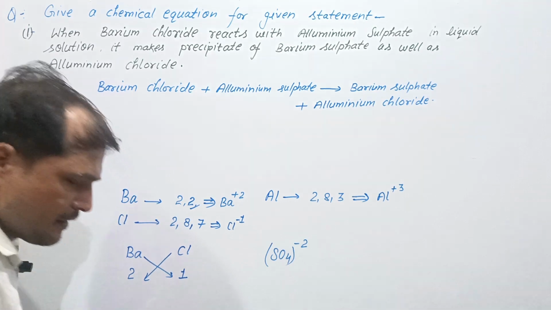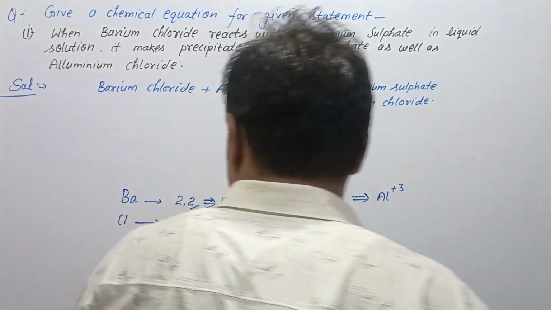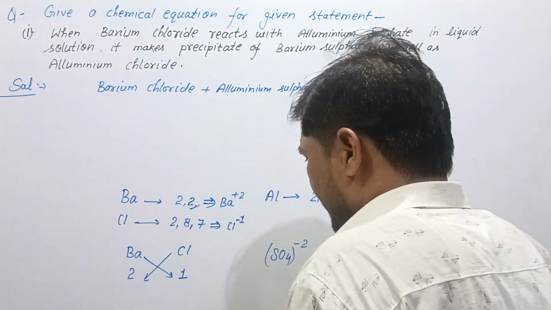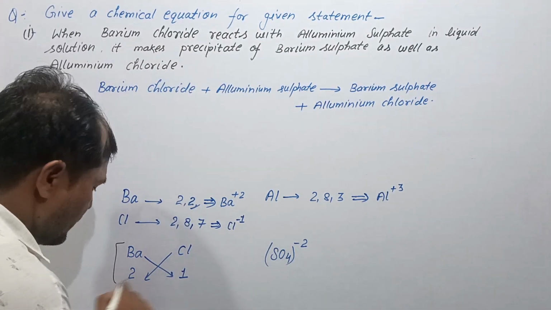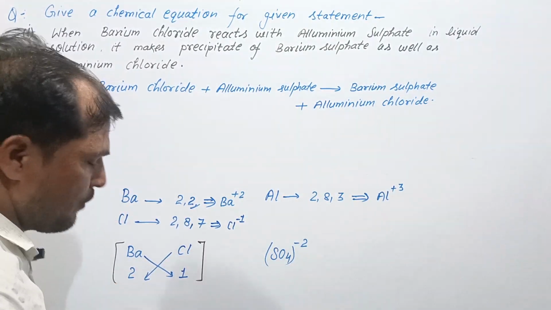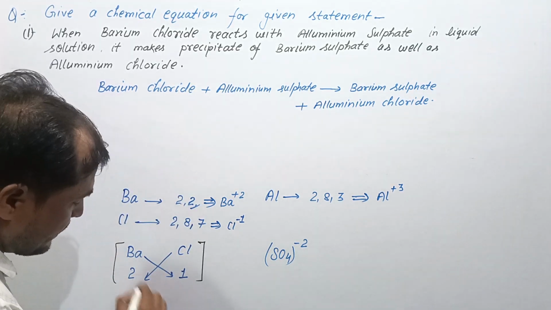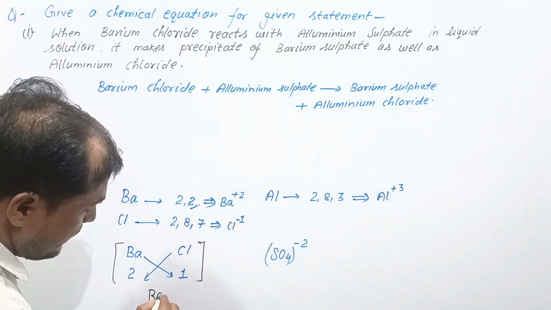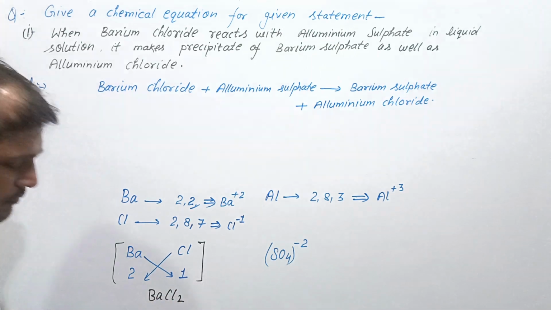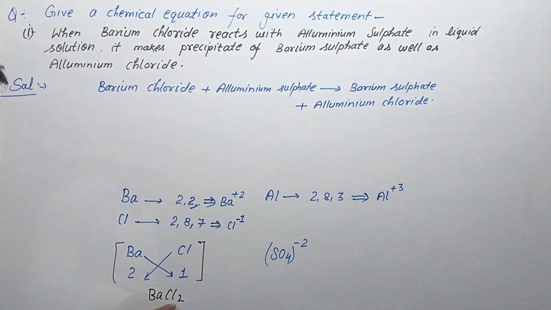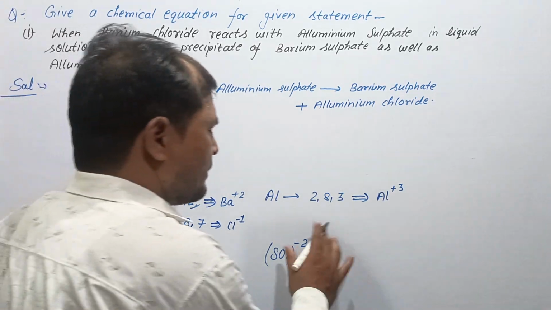By this process, we can write the formula of the chemical compound. Barium chloride will be BaCl2.